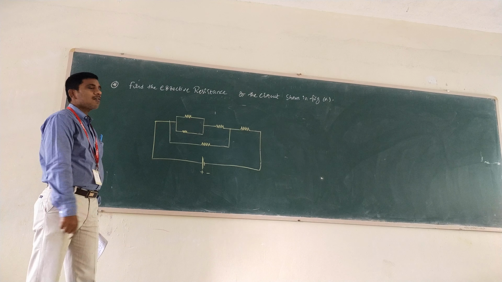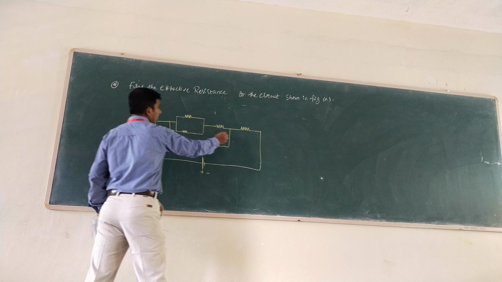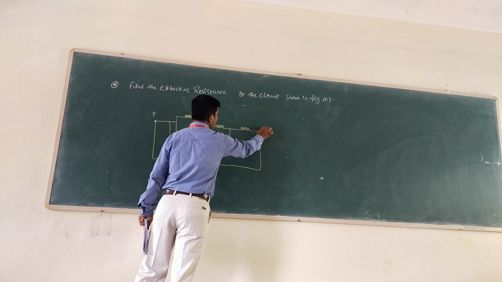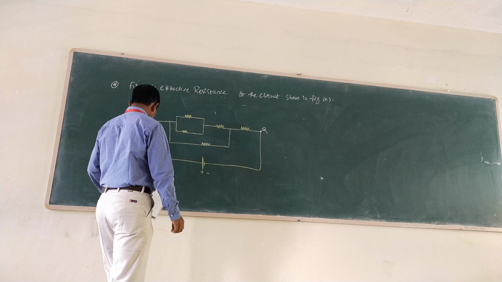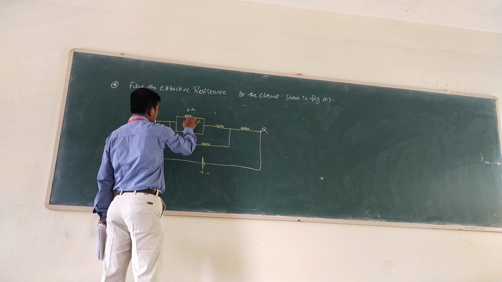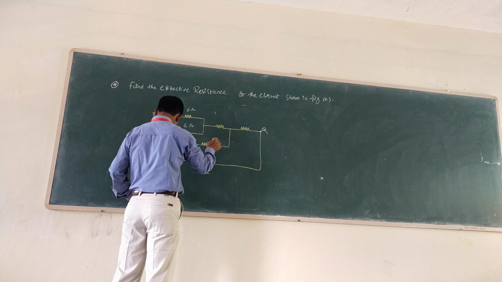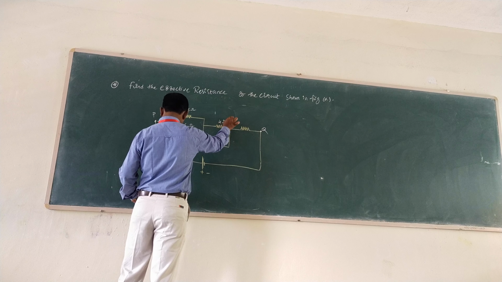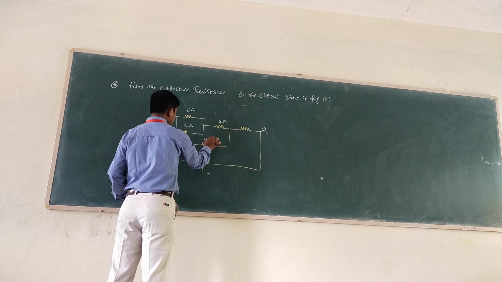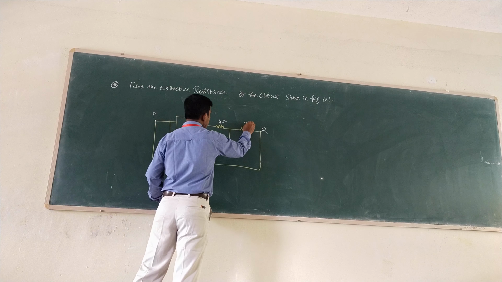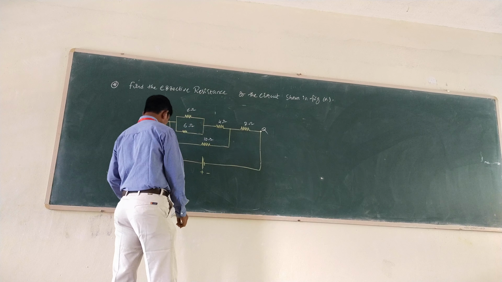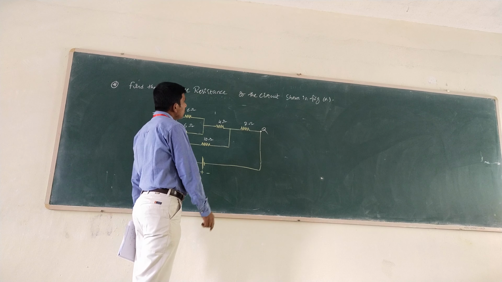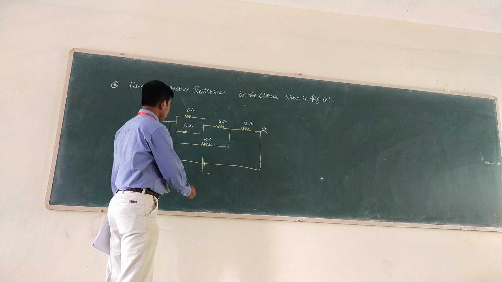The values of various resistances are: P terminal, P node, Q, 6 ohm, 6 ohm, 4 ohm, 10 ohm, 2 ohm. Find the effective resistance of the circuit as shown in figure A. It is figure A.